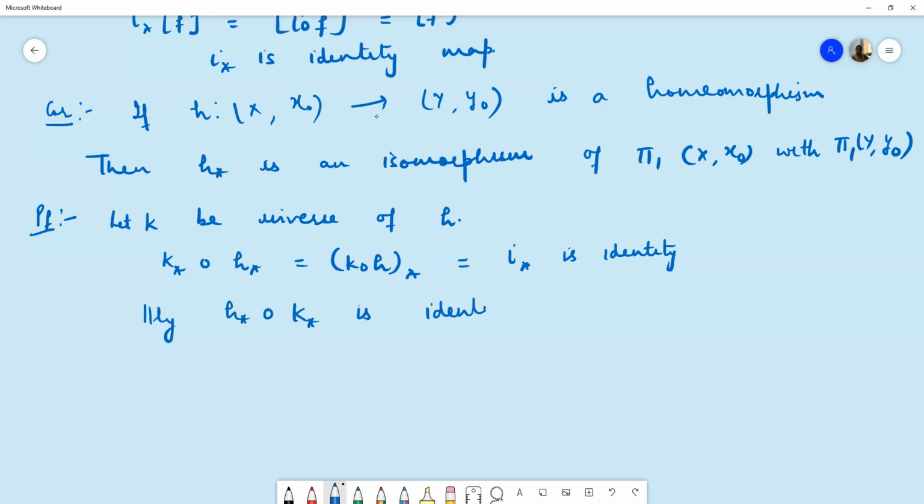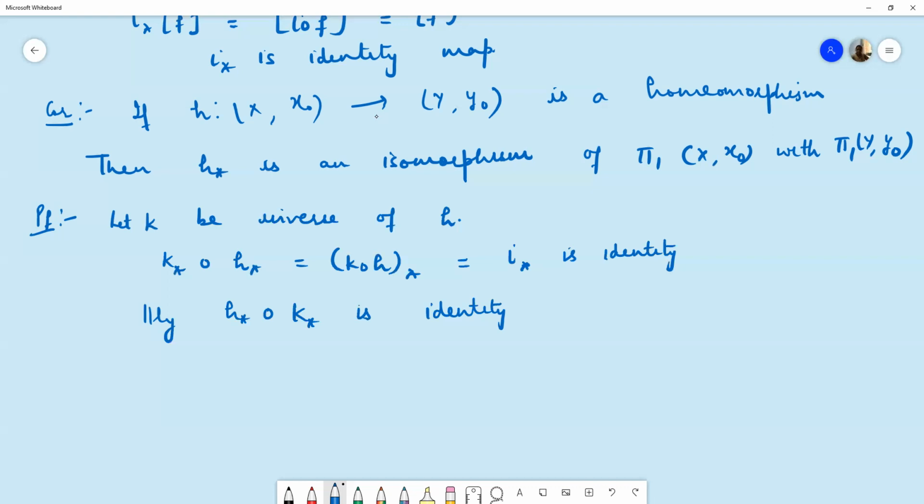So here H and K are continuous maps, so H* and K* are homomorphisms. H* is from π₁(X, x₀) to π₁(Y, y₀), and K* is from π₁(Y, y₀) to π₁(X, x₀). And both the compositions K* ∘ H* and H* ∘ K* are the identity.